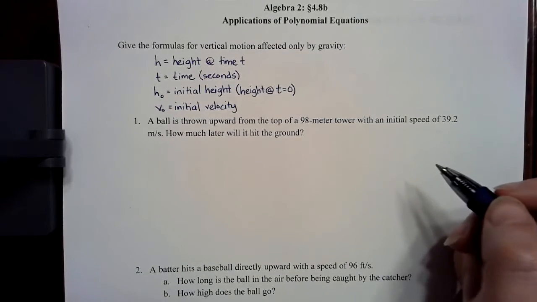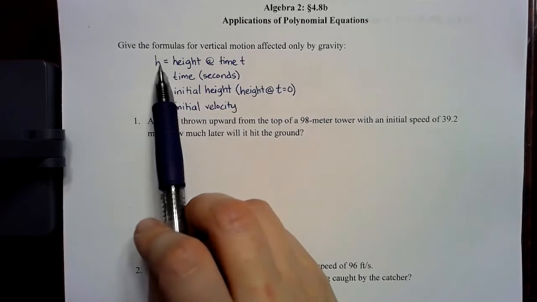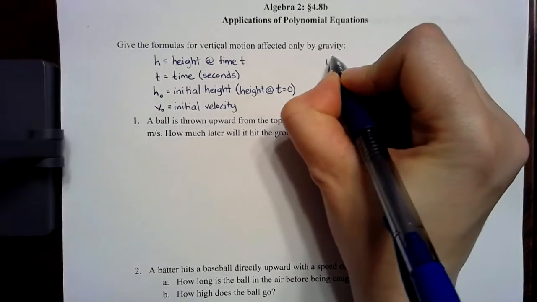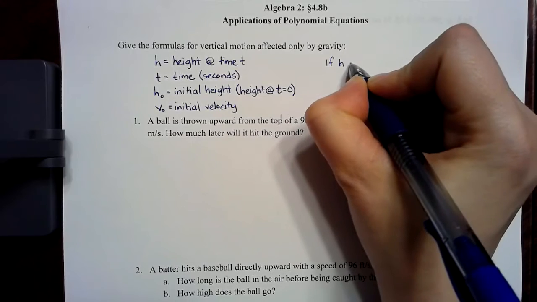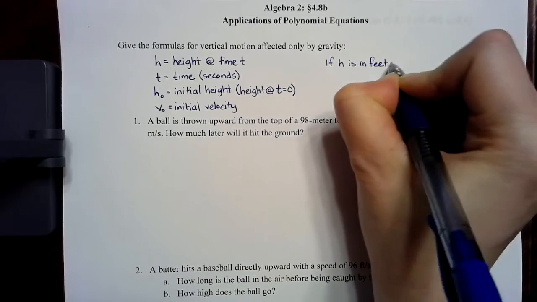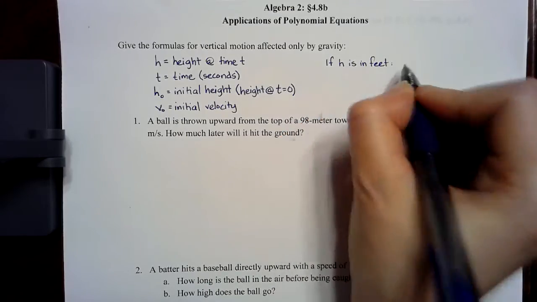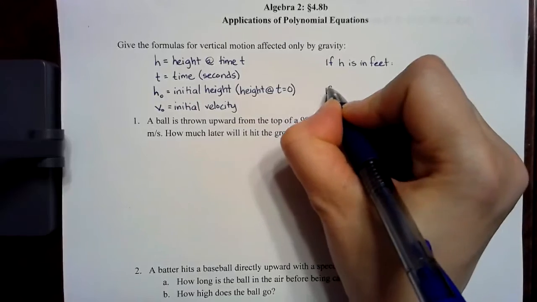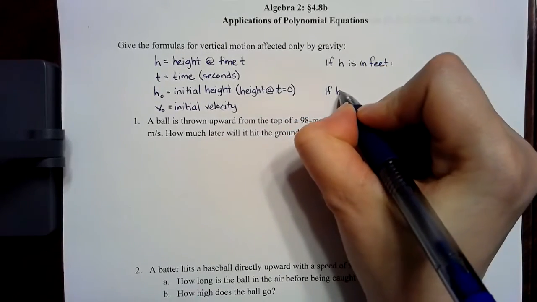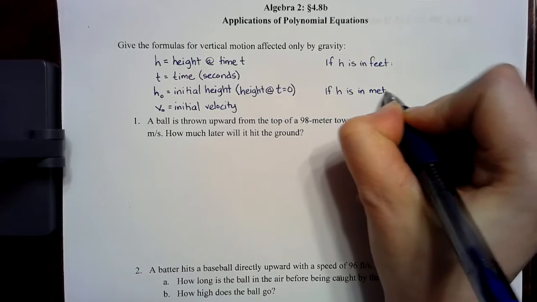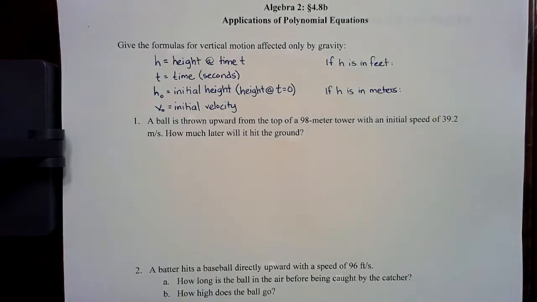And there are two different formulas depending on how we're measuring the height. So we have one formula for if we're measuring the height in feet, and a different formula if we're measuring h in meters.